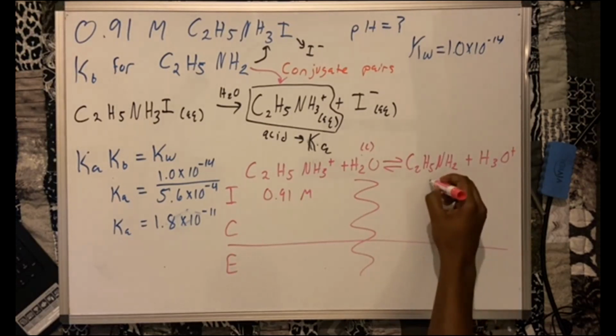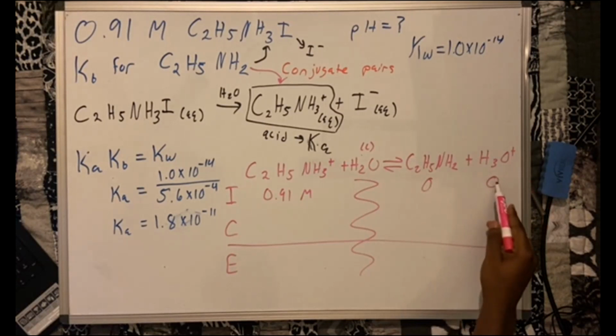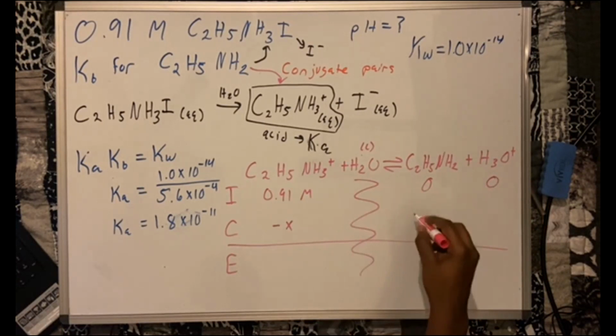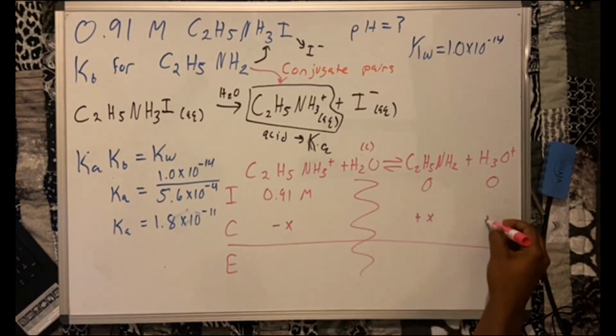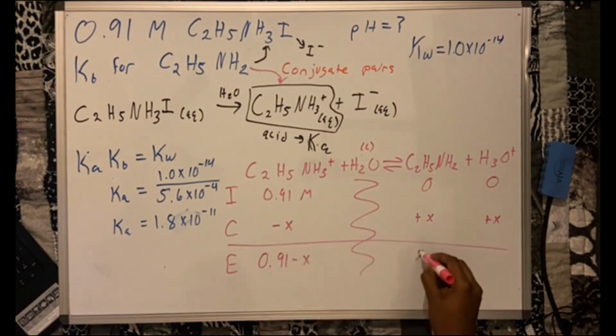Okay. And then it's just a regular thing. So we put 0, 0 because we have none of those in there, right? And then minus x, plus x. So I got 0.91 minus x, x, and x.